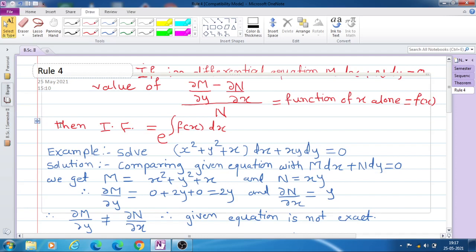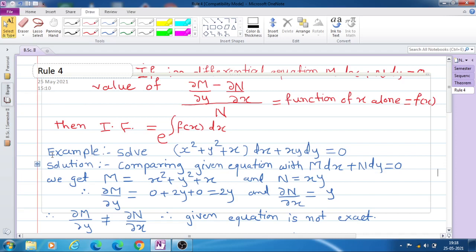So if the equation is not in homogeneous form, then we cannot use rule 2. Again, in rule 3, the equation must be in the form of a function of xy. So when all these conditions are not satisfied, then we see the next rule.